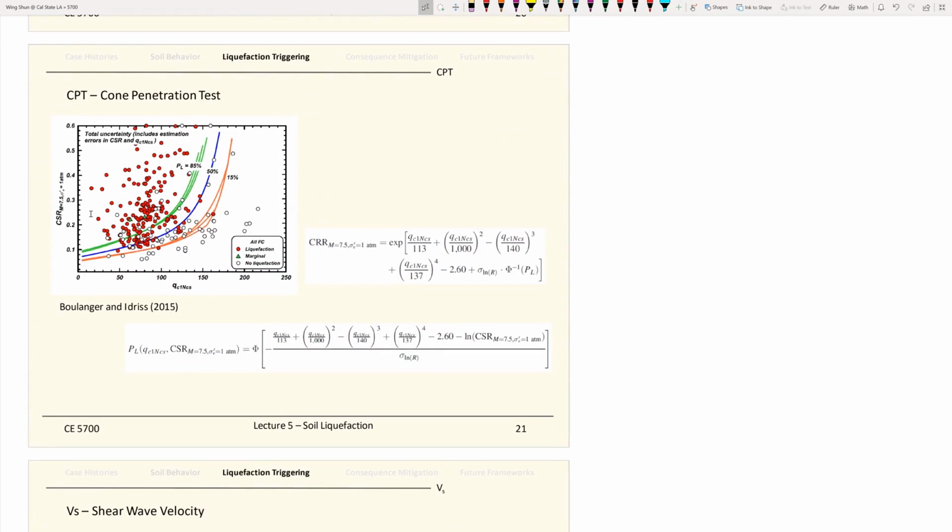Likewise, you also have a CPT approach. So if you do your site investigation program with CPT rather than SPT, it is a very similar concept. You have the probabilistic liquefaction triggering capacity curve right there. Again, Boulanger and Idriss at UC Davis did a lot of good work.